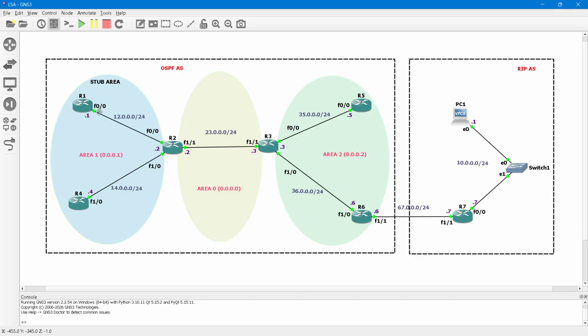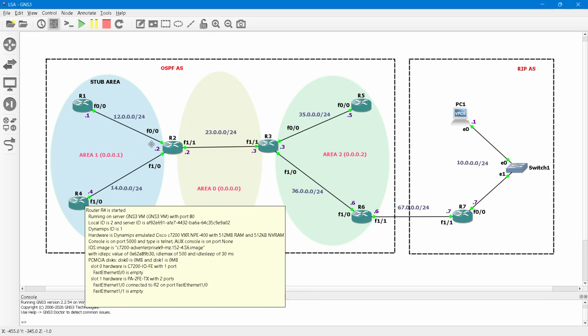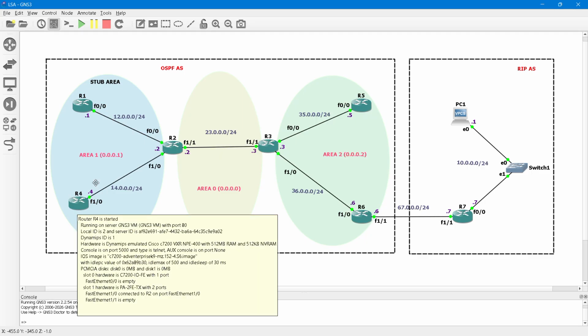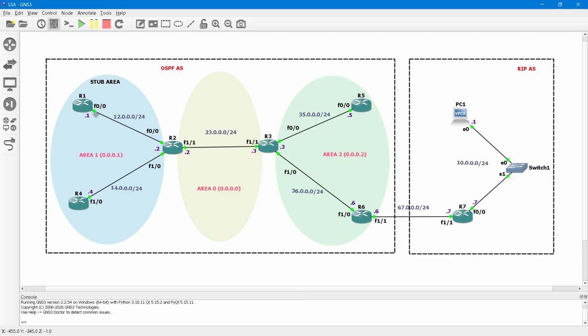But if one is stub and one is not, then sorry, we can't give you this adjacency. So after making R1 stub area, we also have to make R2 stub area for area 1. As we make it, the adjacency between R2 and R4 is going to break. For that, we'll make R4 also stub area for area 1.